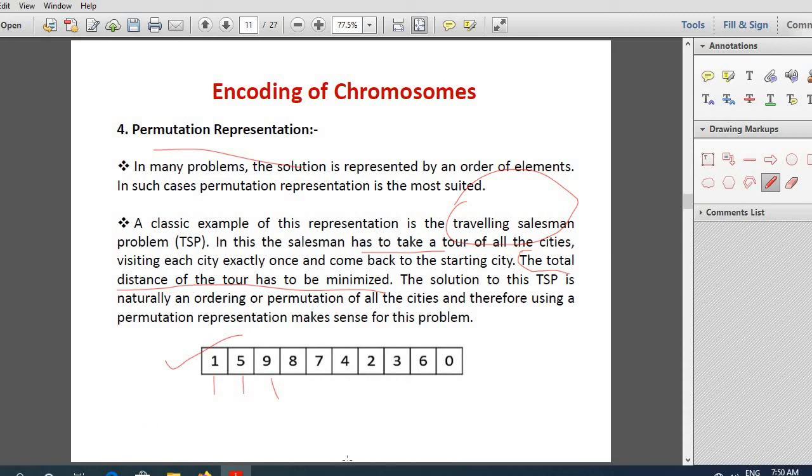Similarly, another order gives you another way of going through the cities. Each of these solutions will be evaluated. For example, this will be evaluated based on how much total distance it creates. The second one will be taken, and it again calculates the distance. In this way, for all the, say, chosen 100 initial population, you will calculate the distance, and the best one will be taken to produce the offspring, something like that.